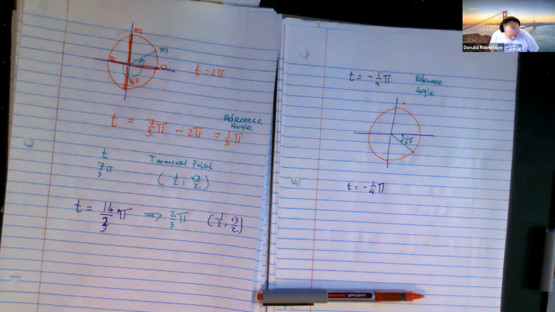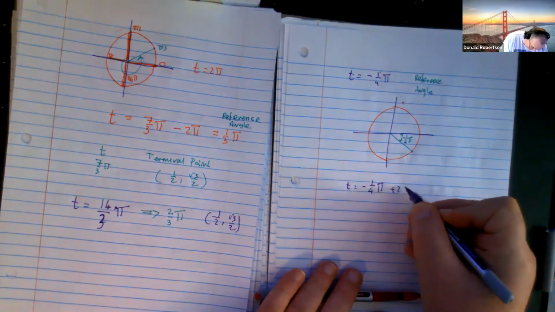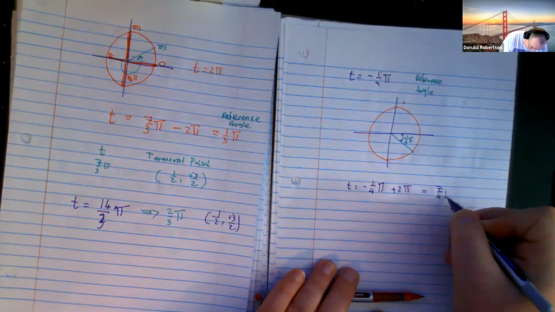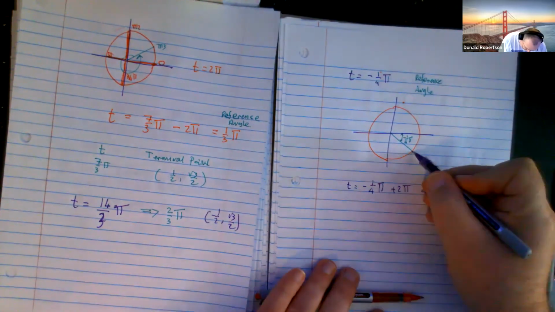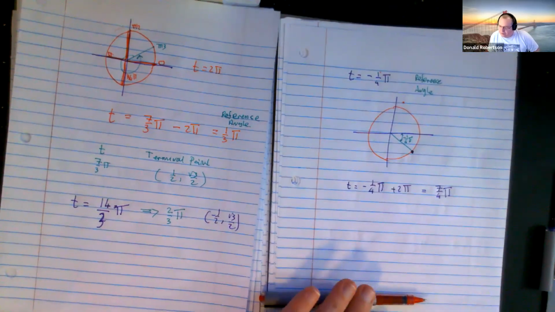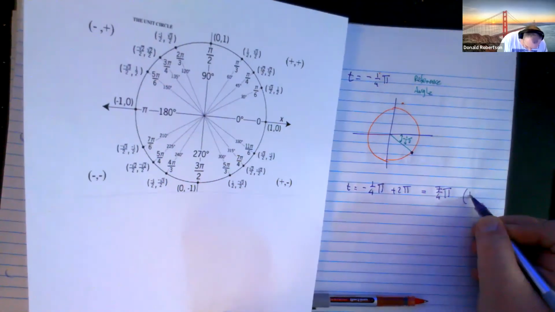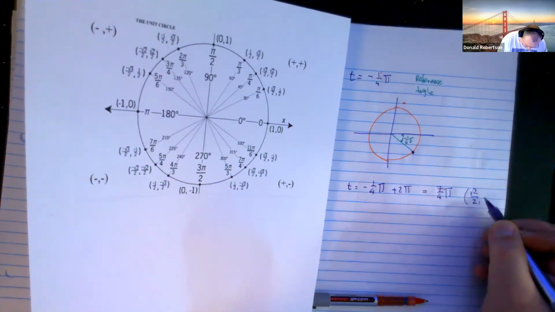Add 2 pi. You just add 2 pi. And I could do that in a calculator, but can you trust me that it ends up being positive 7/4 pi? Doesn't that look reasonable? That is roughly where 7/4 is. And you say, ah, gotcha. So the terminal point would be this one.